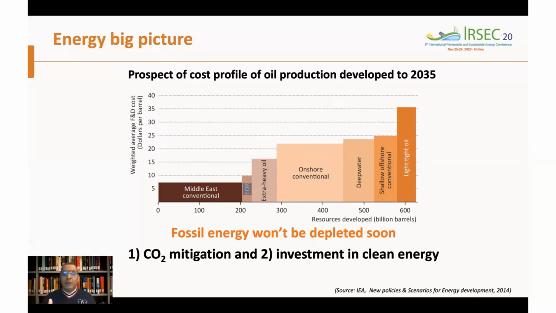It's another method to continue using conventional reservoirs and to increase the efficiency by 70%. They are also using offshore, deep water wells, and shallow wells and so on. So there are too many technologies and many ways to continue getting cost-effective production of fossil energy and continue producing it.